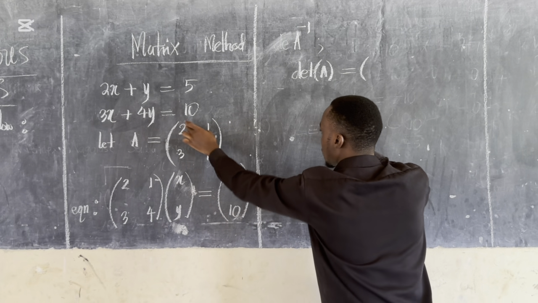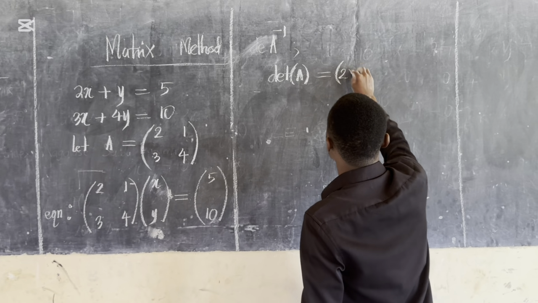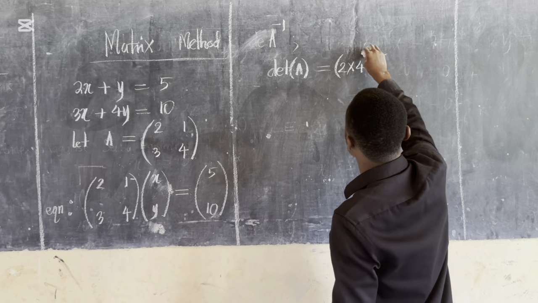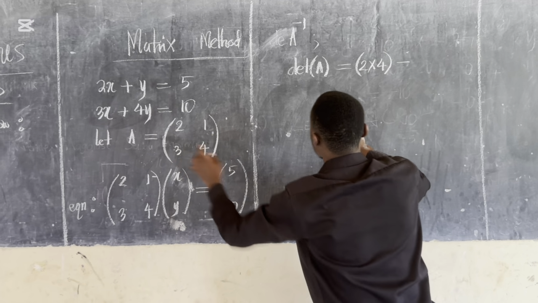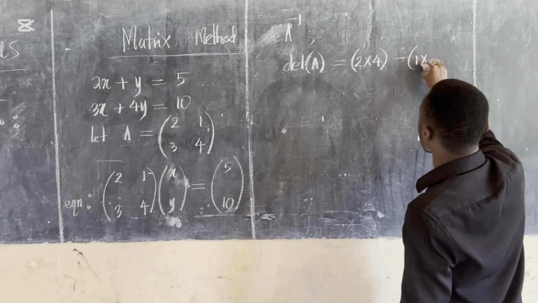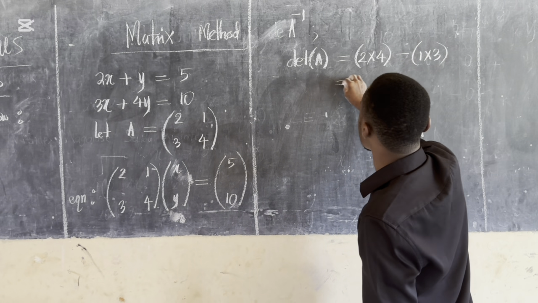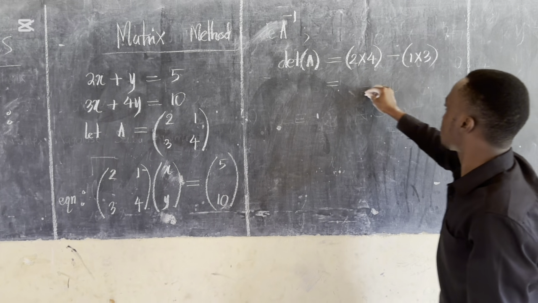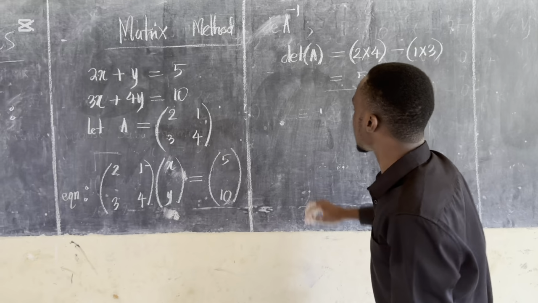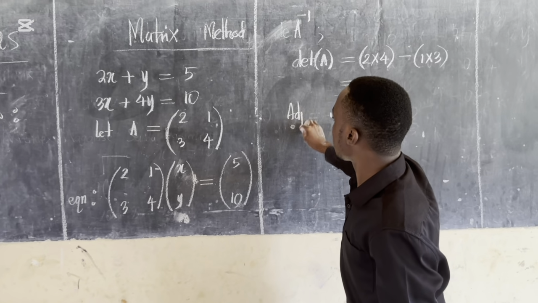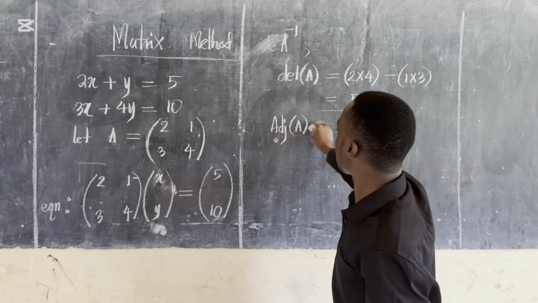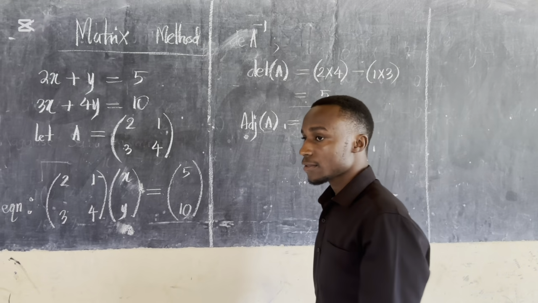This is the major diagonal: 2 times 4 minus 1 times 3. When we simplify, this is 8 minus 3, which is 5.